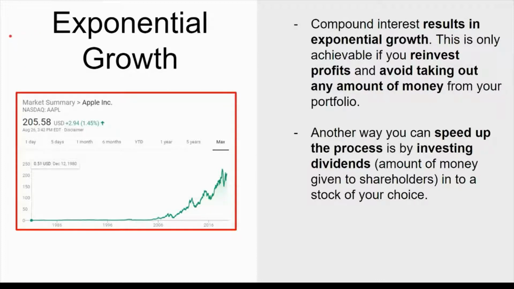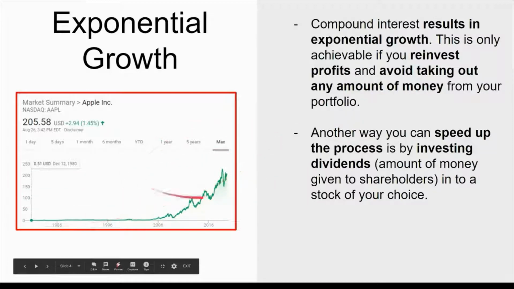So, as we said, compound interest results in exponential growth. And this is only achievable if you reinvest profits and avoid taking out any amount of money from your portfolio. As we've mentioned, when you invest and make a return, what you want to do with that excess money aside from the principal is reinvest it along with the principal so you make more money and get this exponential growth that we see on the graph here.